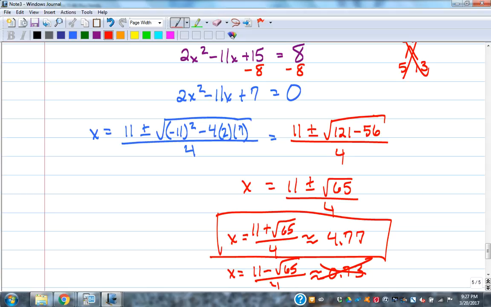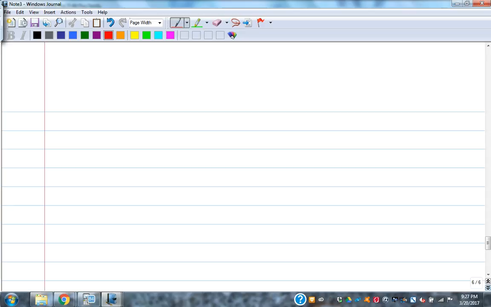All right, let's talk about a quick application problem for these types of problems. There's a formula for continuous interest.